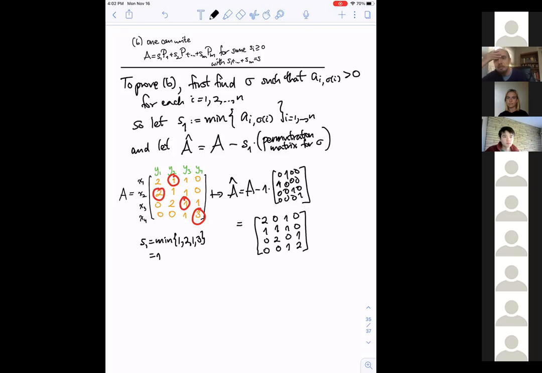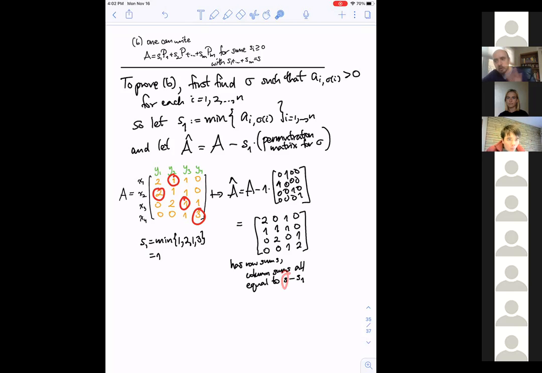Okay. And now this matrix A hat again satisfies the hypotheses of our theorem, but with S being S minus little s1. It has row sums, column sums, all equal to S minus S1.